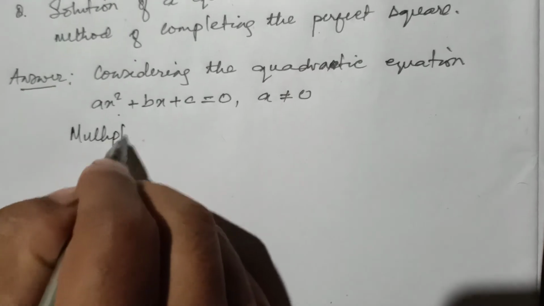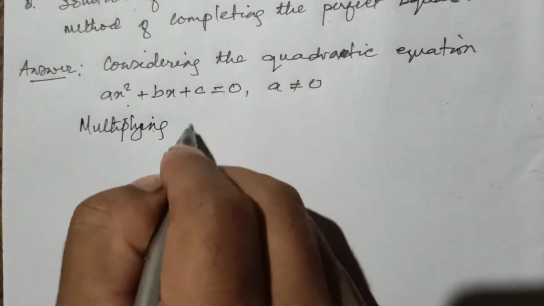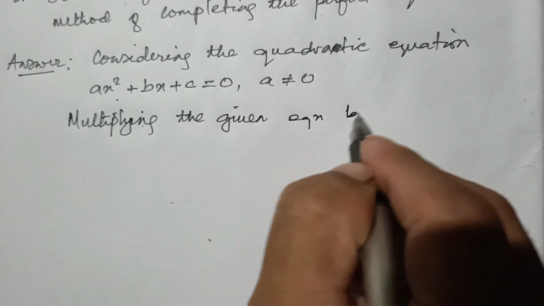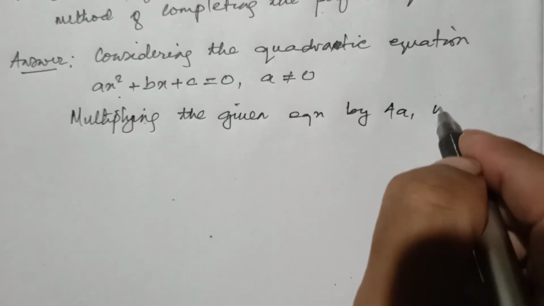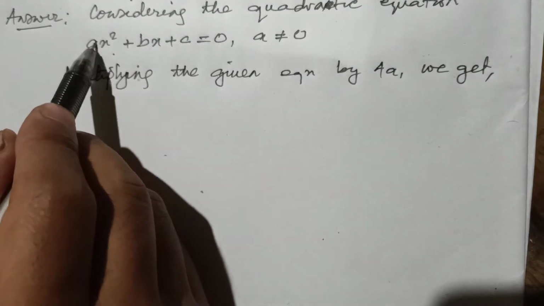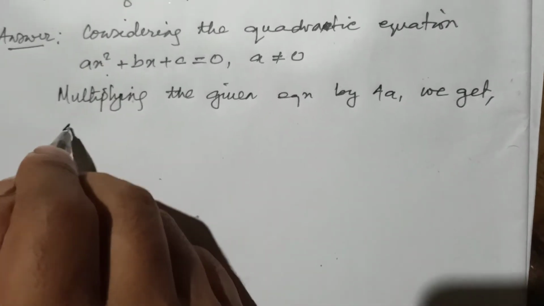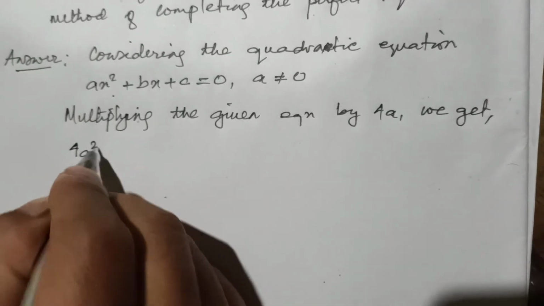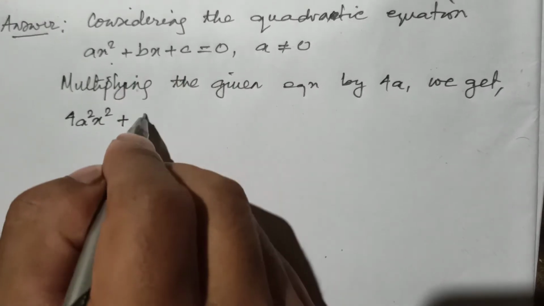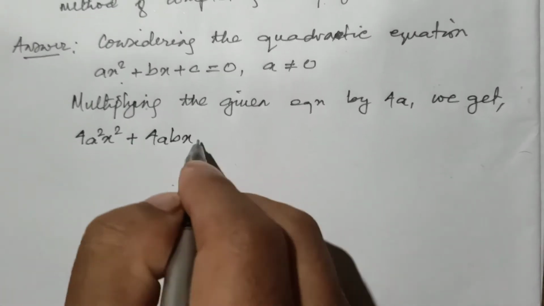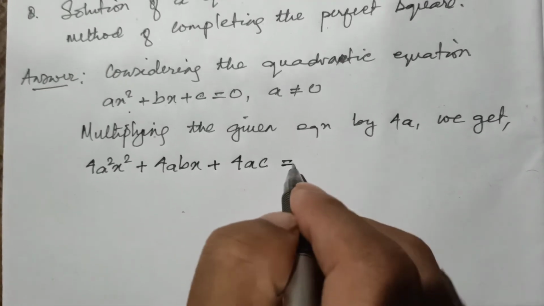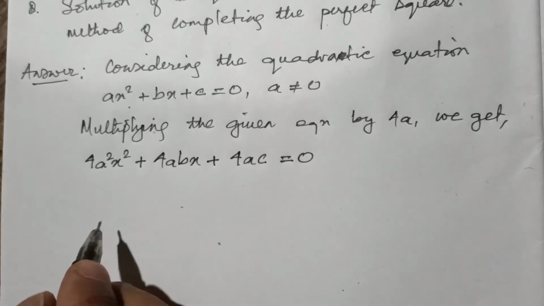Multiplying the given equation by 4a on both sides, we get 4a into ax squared, 4a into a is 4a squared, times x squared, plus 4a into bx is 4abx, plus 4a into c is 4ac, equals 0. 4a into 0 is 0.